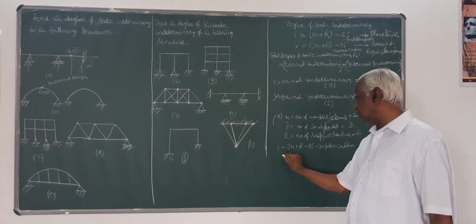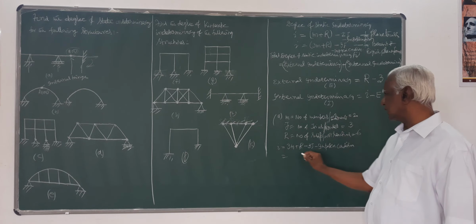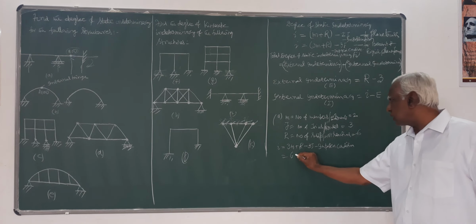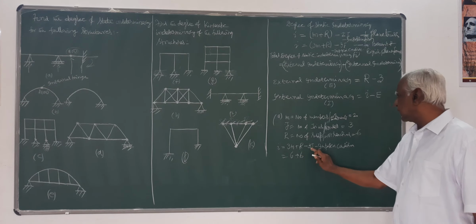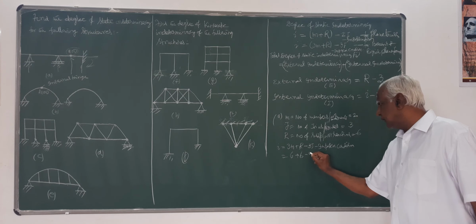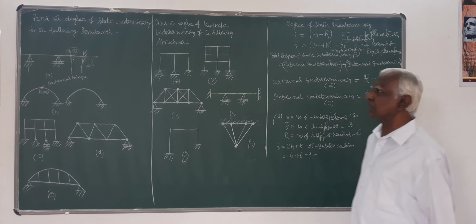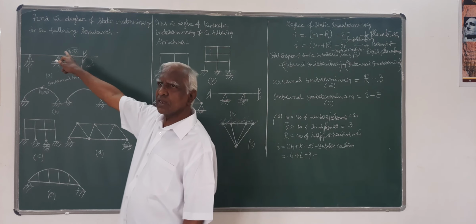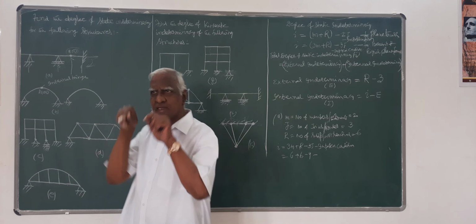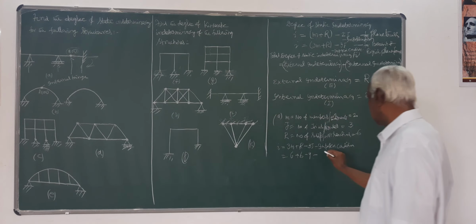So that is equal to 3 into m, that is 3 into 6, 6, plus r is 6, minus 3 into j, that is 3 into 3, 9, minus imposed condition. The moment at the internal hinge is always 0, so M equal to 0 is the imposed condition.